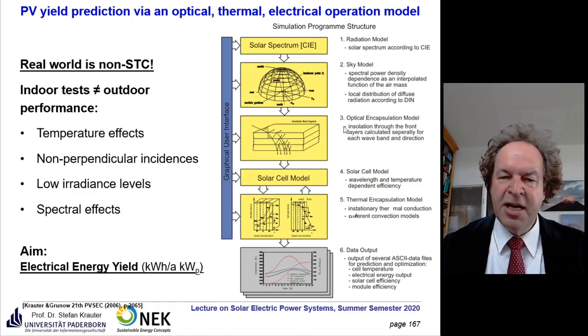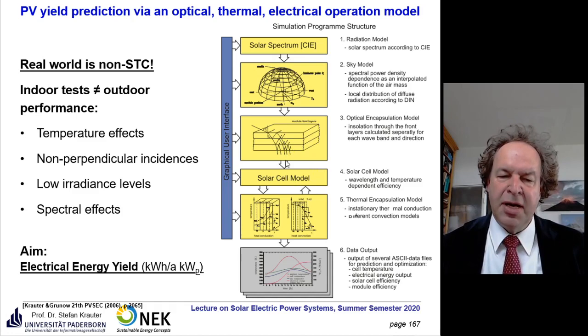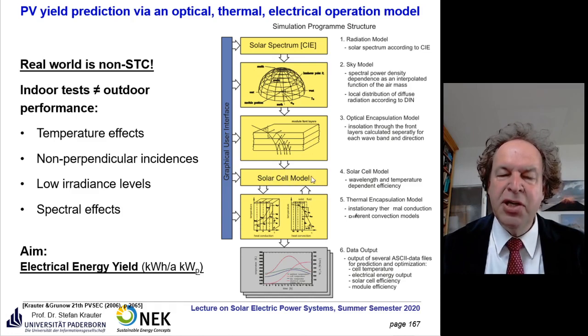Well, part of my PhD thesis was to put that all into a computer program. So I made a quite extensive radiation model with the spectrum at the different parts of the day, the adequate incidence angles on the module, then the reflection on the module, not only on the surface, but also in the different layers, considering also re-reflection within the layers, interference, and at the very end, I calculated the cell-reaching energy flow and the part that could be converted depending on the actual condition of the solar cell.